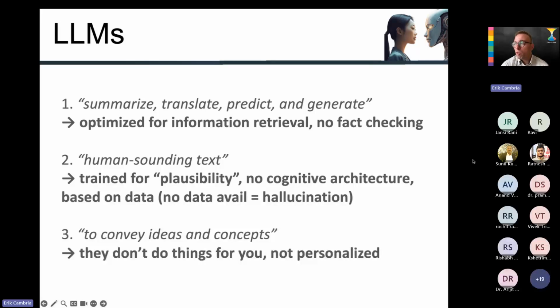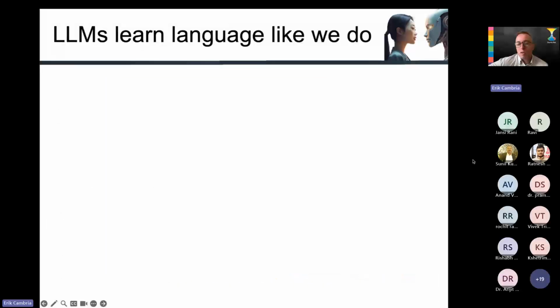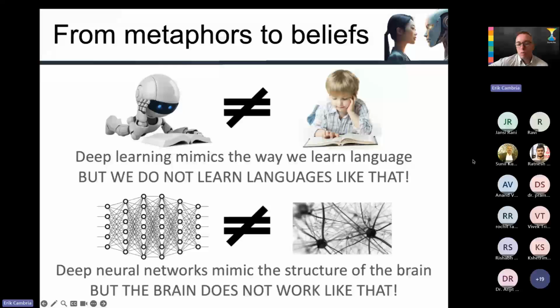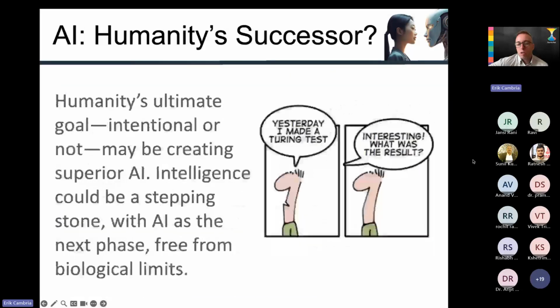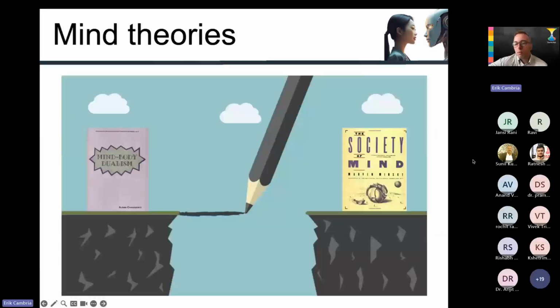And no matter how good they become, and this is also something that I'll talk about later, there will still be an intelligence that is very different from us. We are biological intelligences, and we will always be different from machine intelligence.